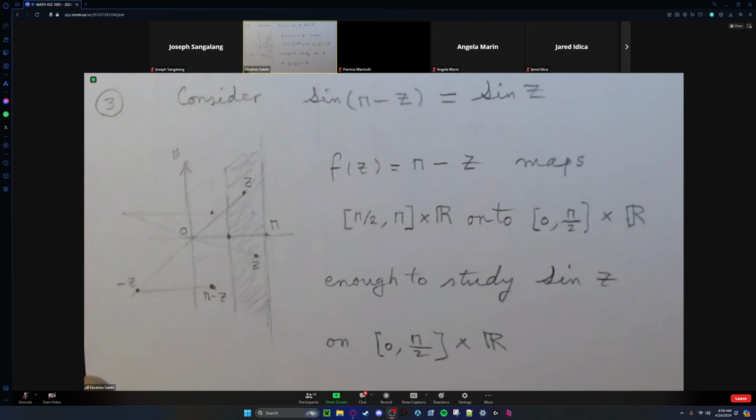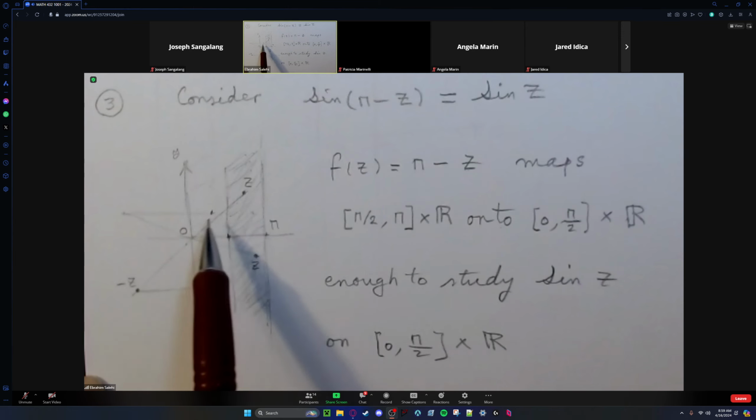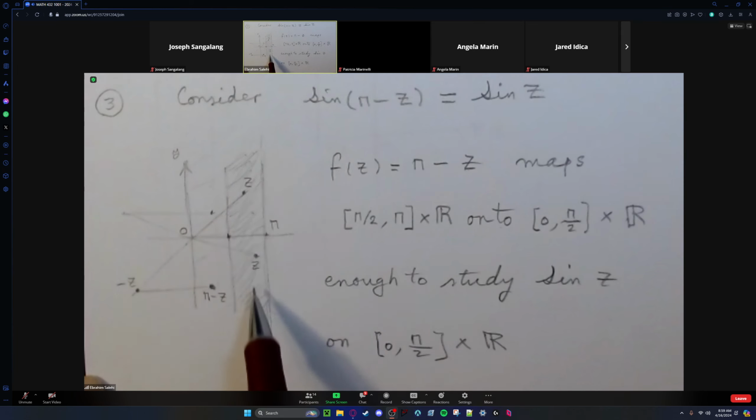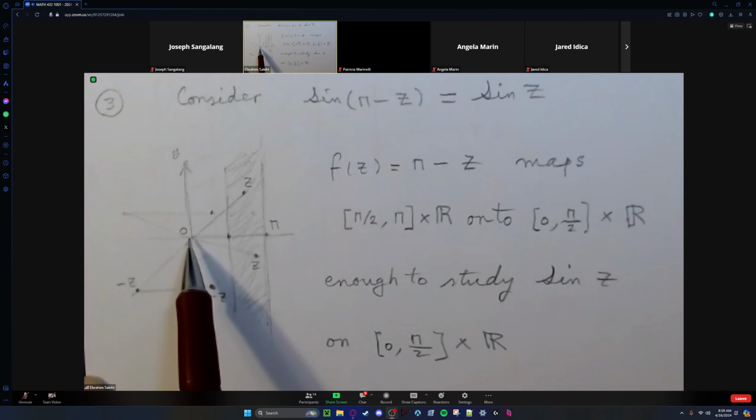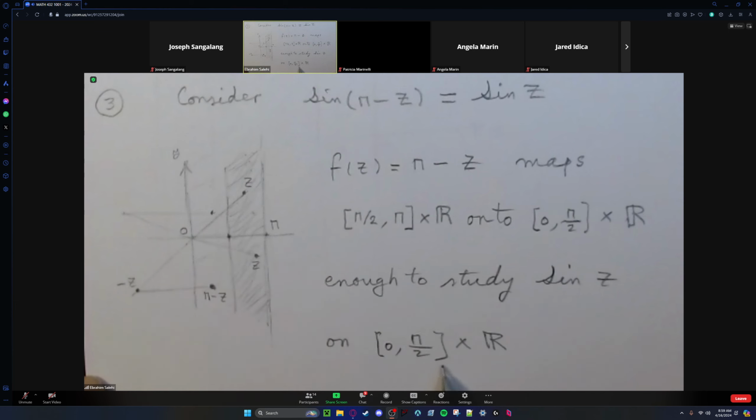So the conclusion is, between these two parts, I better just ignore this shaded area and concentrate on the vertical strip, 0 to pi over 2 times R. That's a very good observation.